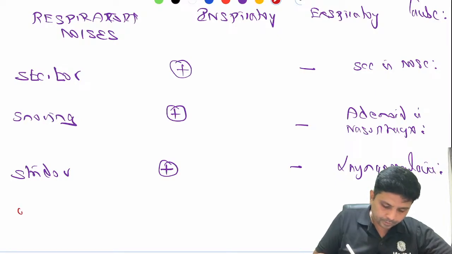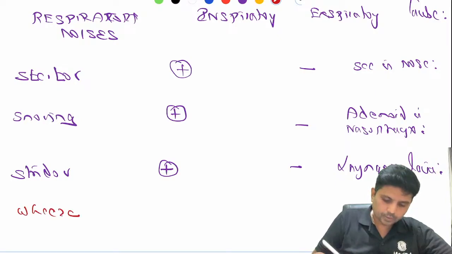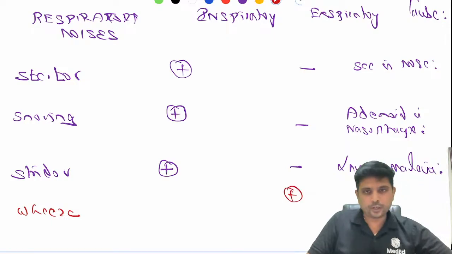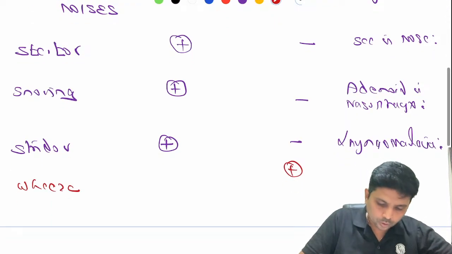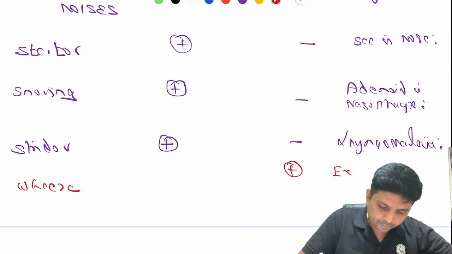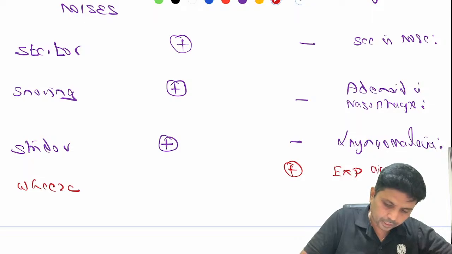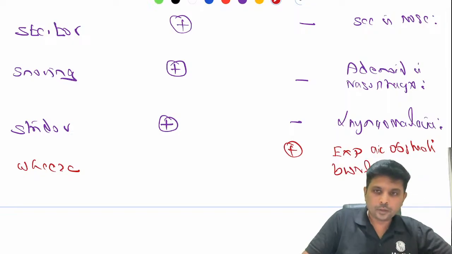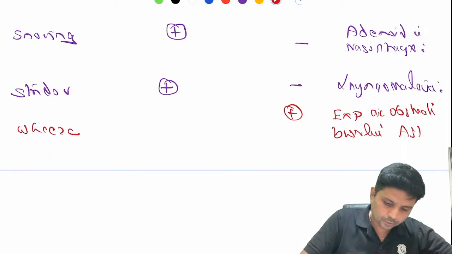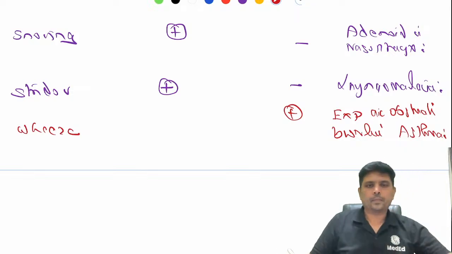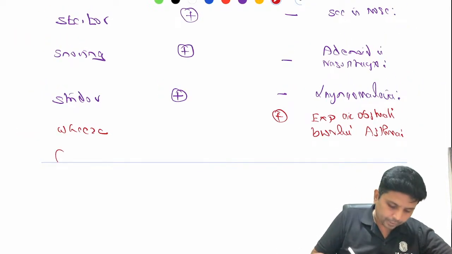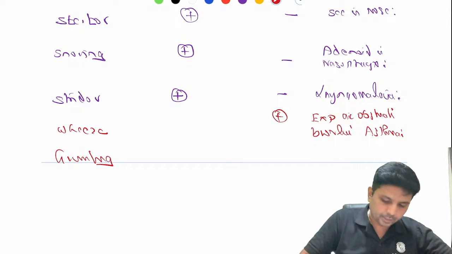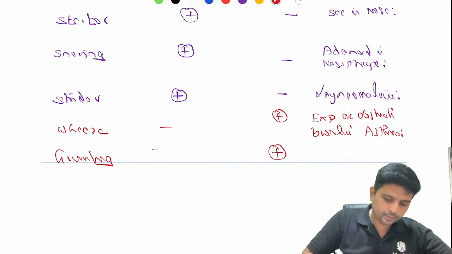Whereas wheeze is an expiratory noise due to expiratory airway obstruction at the level of the bronchus. Usually it occurs in asthma. And then finally you have grunting. Grunting again is an expiratory component.